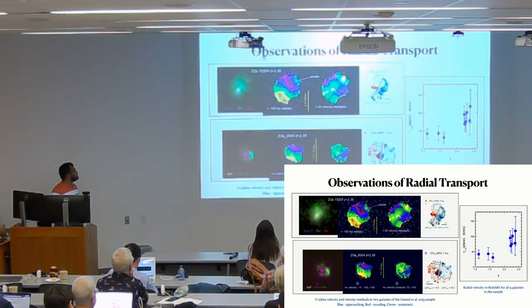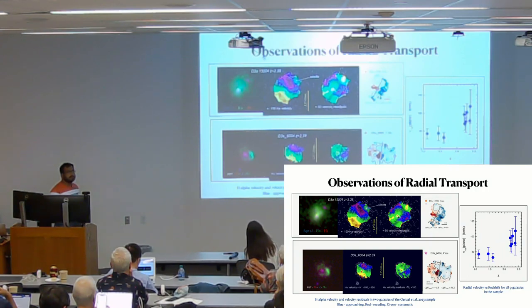in these galaxies. What you see here is the optical image of the galaxy, and then the map of the total line of sight velocity. The total velocity would be a combination of the circular velocity and the radial velocity if there's an inflow.